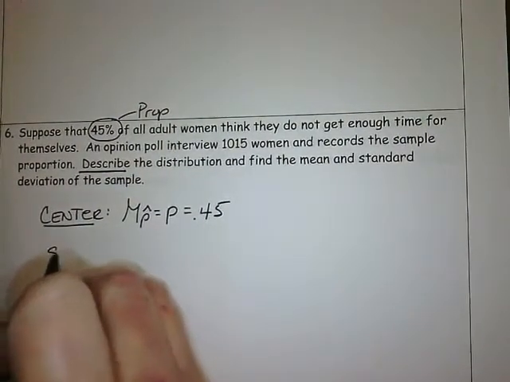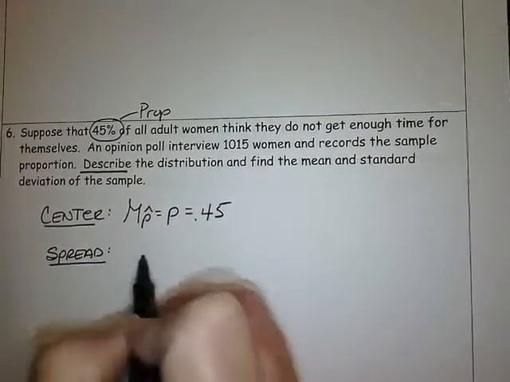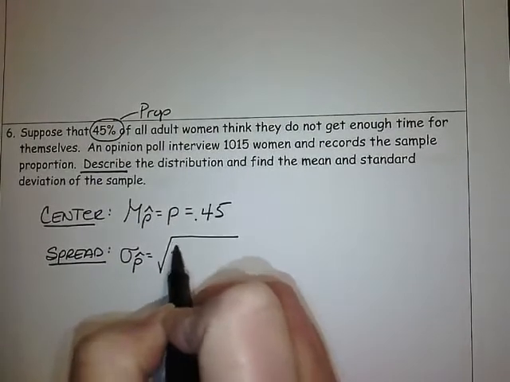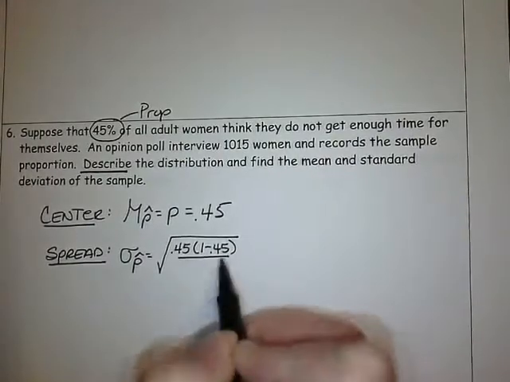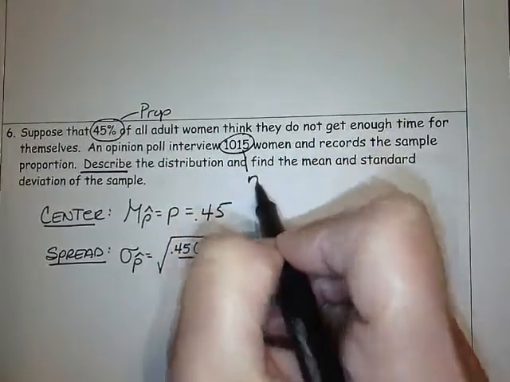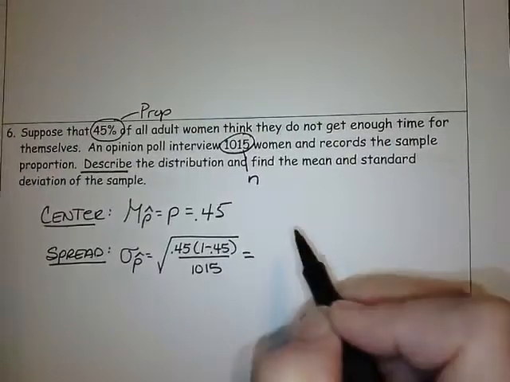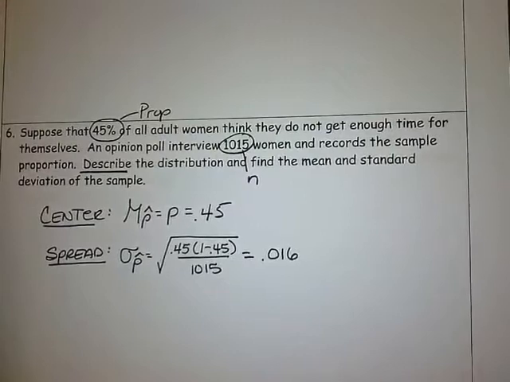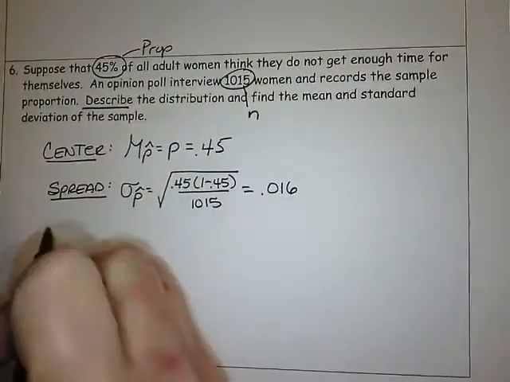So then I have my spread, which is my standard deviation of p hat, which is the square root of 0.45 times (1 minus 0.45), all over n, which is 1,015. Put that in the calculator and I get 0.016. All right, and so then the final thing that we have to do is our shape.